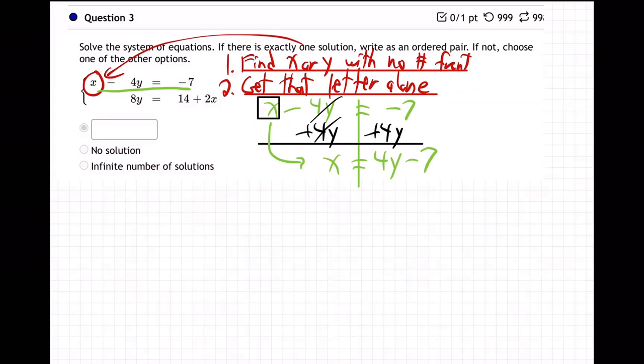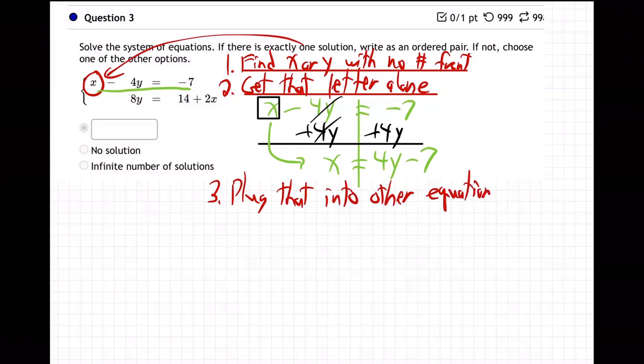So I got that letter alone. And then step 3, plug that into the other equation.